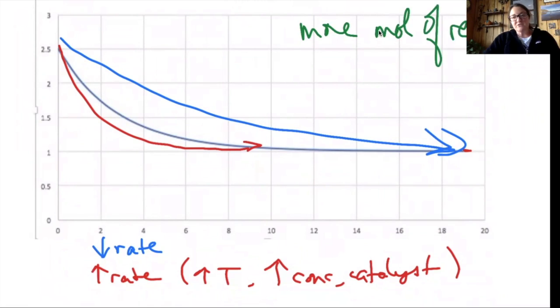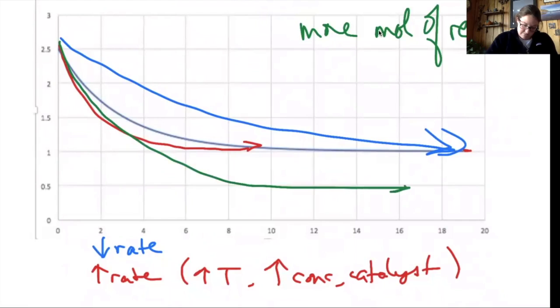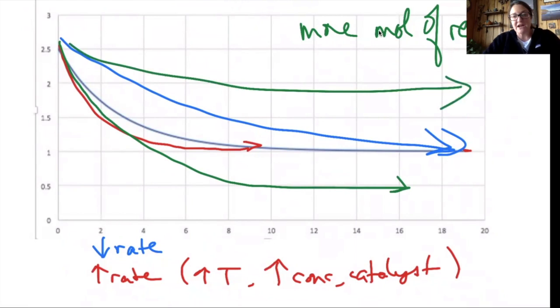I'm going to have more moles of reactant, so the reaction is going to go to a greater extent. Perhaps something like that. If I had fewer moles, it would do something like that. The reaction would happen to a lesser extent.